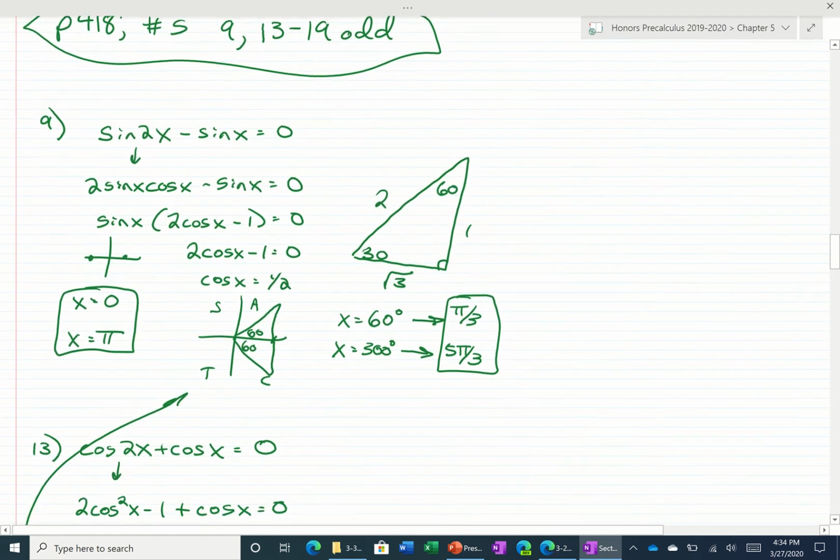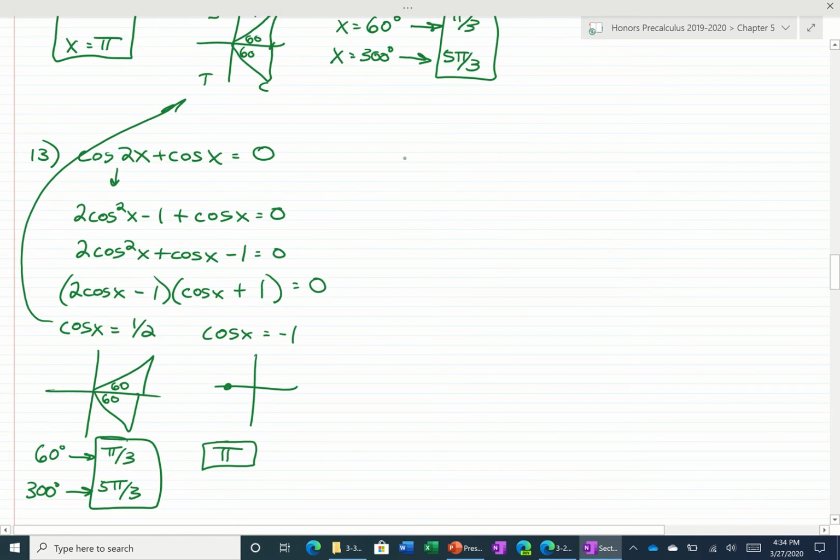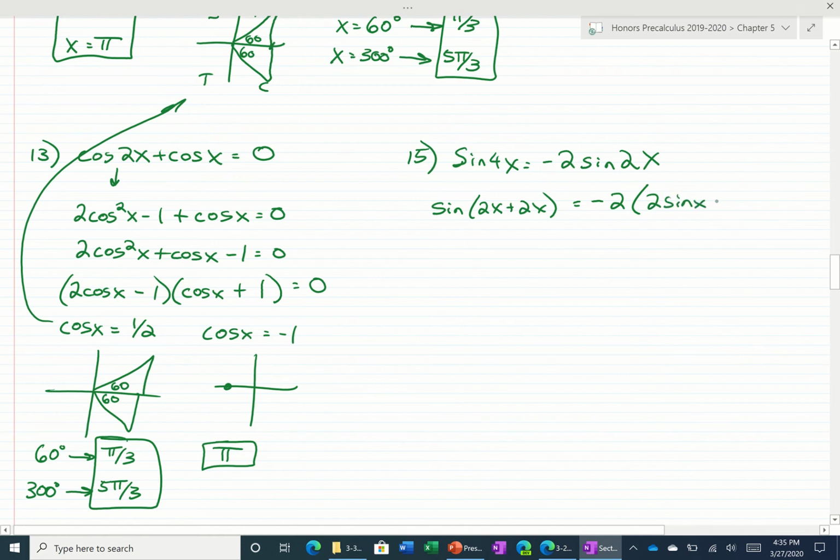All right, number 15. It says, oh good, we have the sine of 4x is equal to -2 times the sine of 2x. Well, we saw in the notes that we could write the sine of 4x as 2x plus 2x.